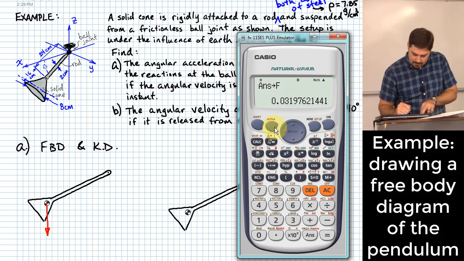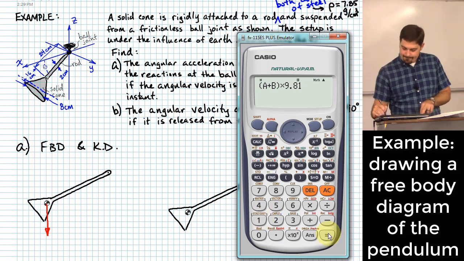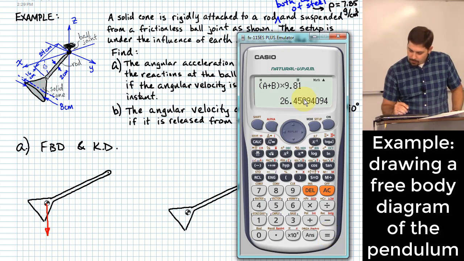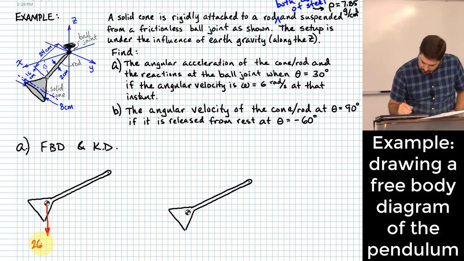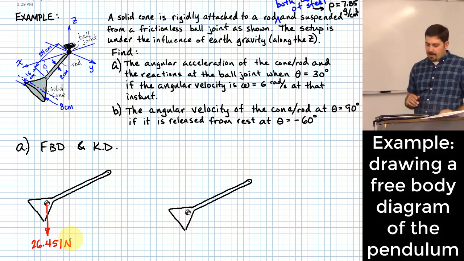So let me go ahead and put that value on here: A plus B. But that's not a force yet, right? What do I need to multiply that by? Gravity, right? 9.81 meters per second squared. So that tells me I've got 26.451 newtons pulling down as a weight on the center of gravity.